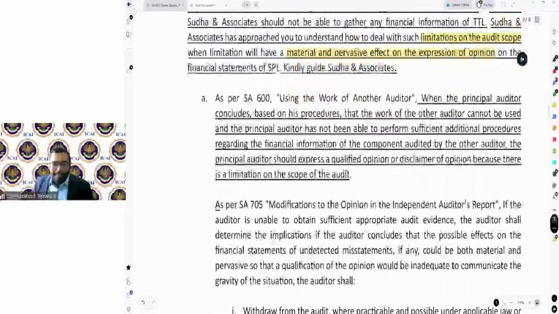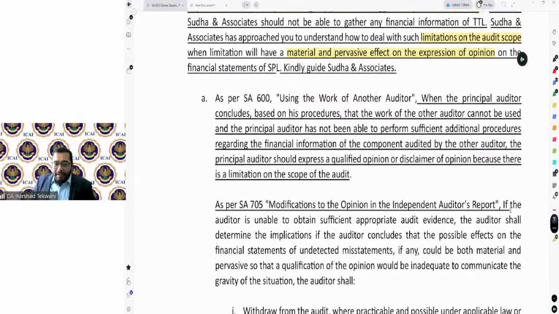Now, as per SA 705, Modifications to the Opinion in the Independent Auditor's Report, if the auditor is unable to obtain sufficient and appropriate audit evidence, the auditor shall determine the implications.